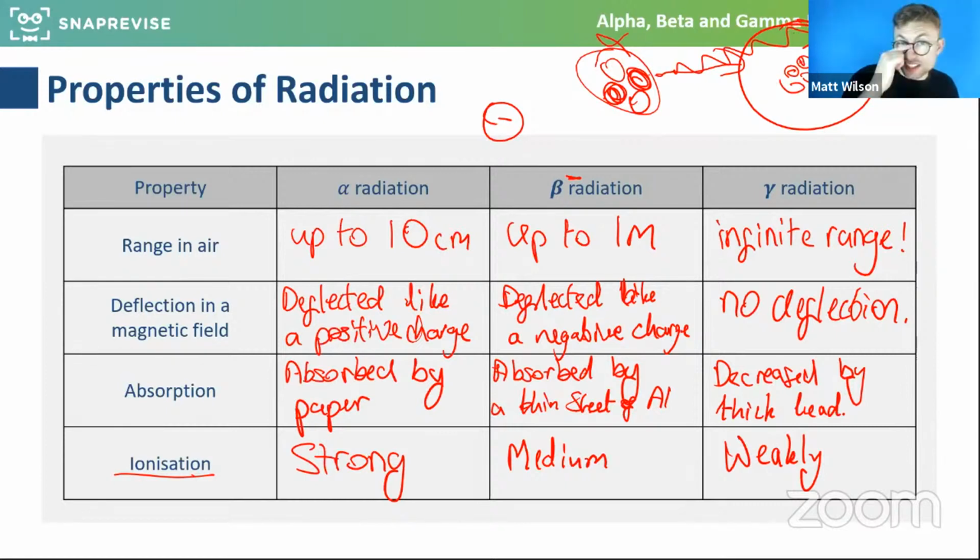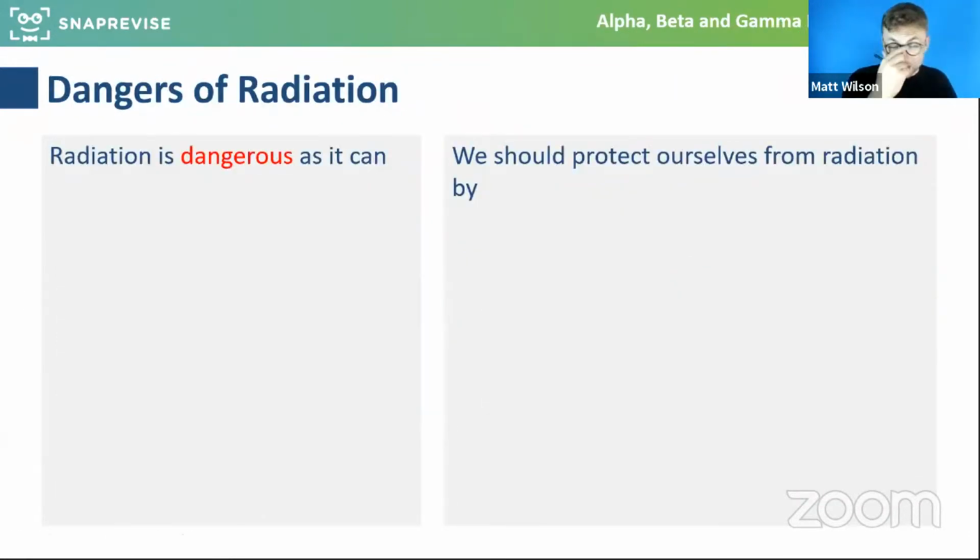So gamma is the least ionizing. And that's essentially why it has the longest range, because it's less likely to bump into something and get stopped. Alpha has such a short range, kind of because it's so likely to bump into something and then get stopped and knocked off its path. So there's this kind of trade-off between how dangerous something is when it hits something and how likely it is to reach you.